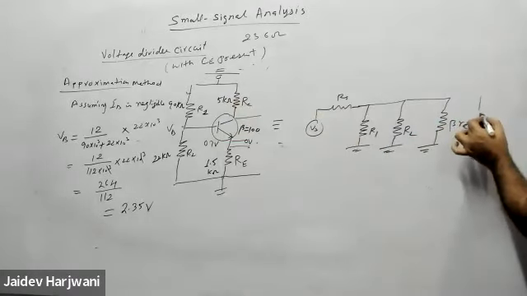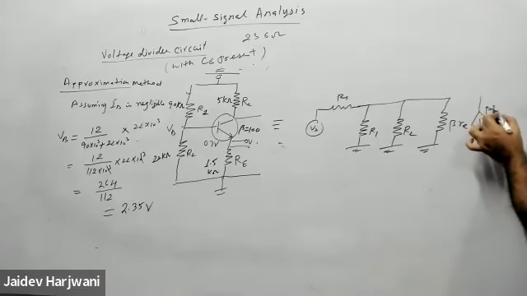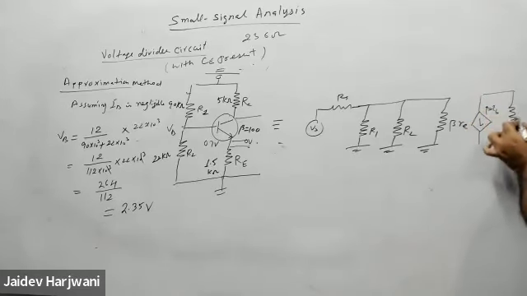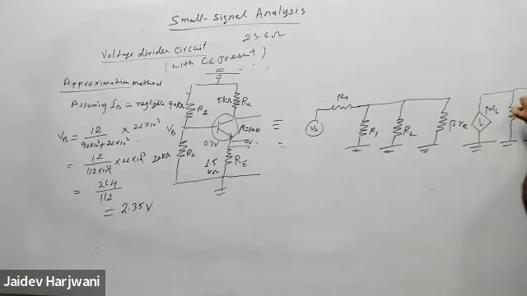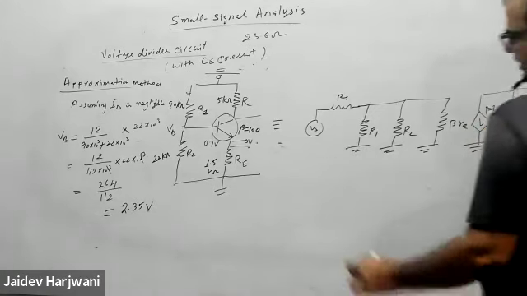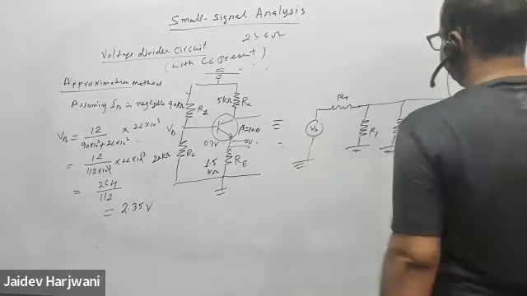This side you have a current beta IB coming, plus you have RC, plus you have RL. And ro is not given, so you can take it infinite. So basically, this is your circuit, and now you want to find RC, RL. Io is coming from here, and this is your ground.